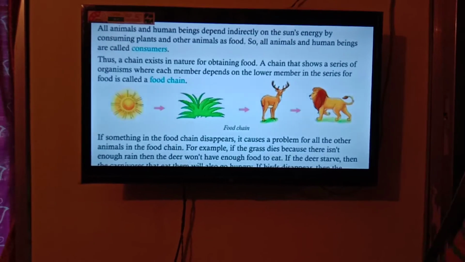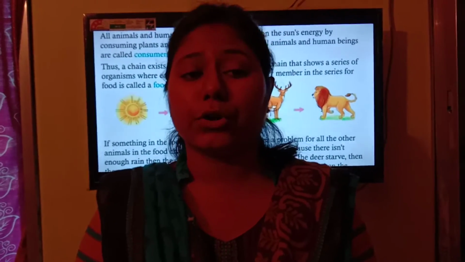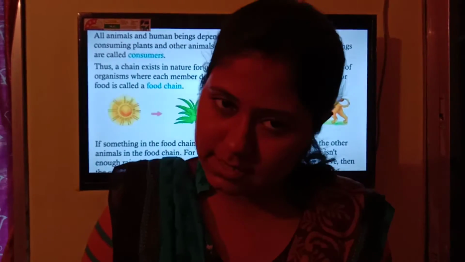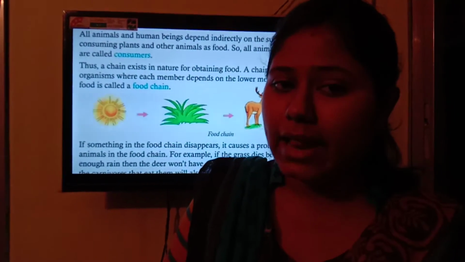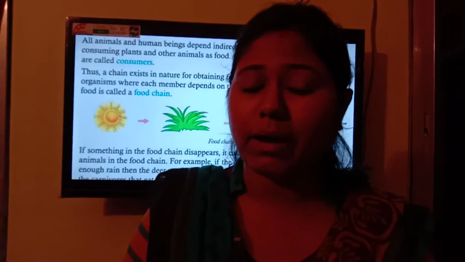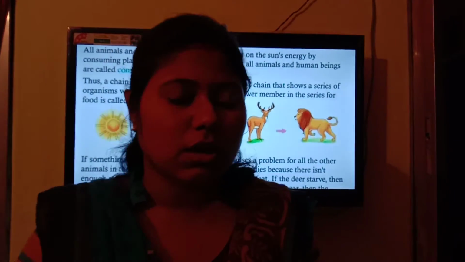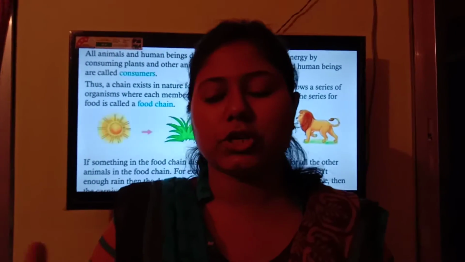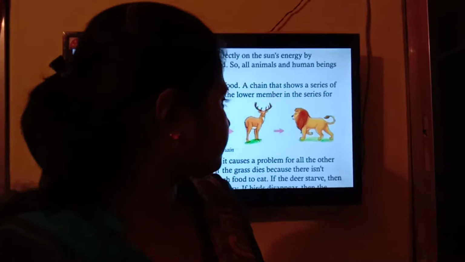First one is the plant. Plants produce their food by themselves, so they are called producers. And animals including humans depend on plants by eating them, so they are consumers. The total series of this transformation is called the food chain.